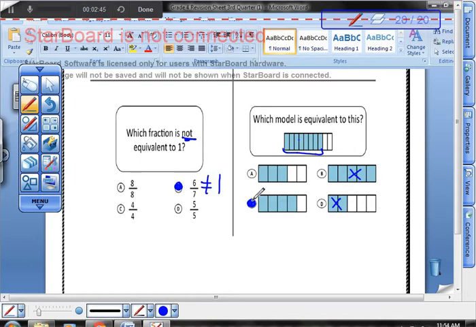If you want to make sure of your answer, can we write a fraction to represent this model? Yes. The total number of parts is 1, 2, 3, 4, 5, 6, 7, 8, 9, 10. This is my denominator. The colored bars are 1, 2, 3, 4, 5, 6, 7, 8.